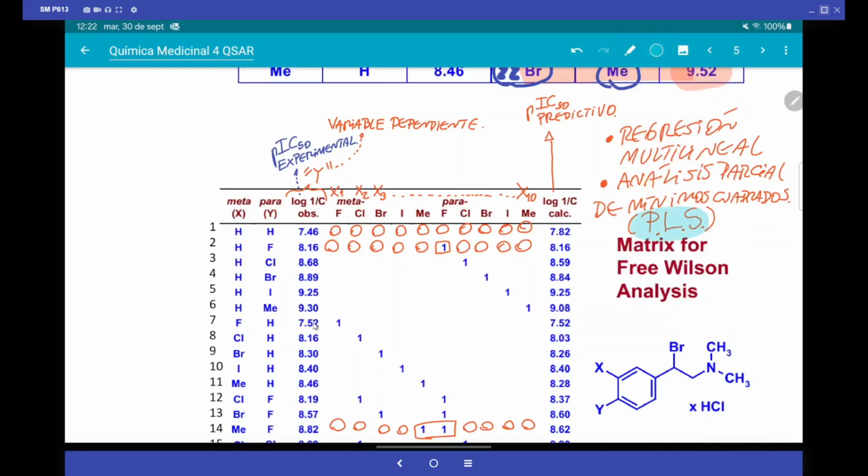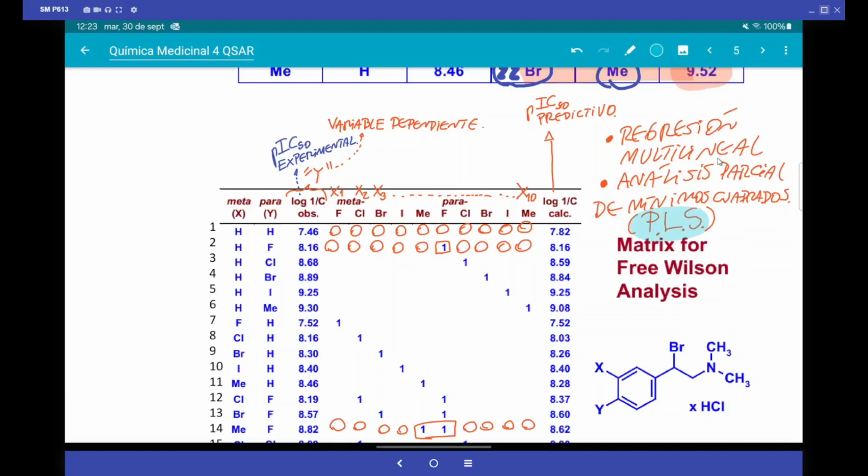The PLS is used, I repeat, when they are databases of thousands of molecules with thousands of descriptors. And there, the number of descriptors exceeds, numerically speaking, by much the number of biological activity values. Then do a statistical analysis of partial least squares. But in most of the cases, a classic multilinear regression is enough.